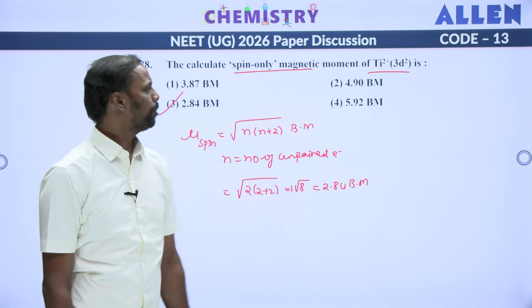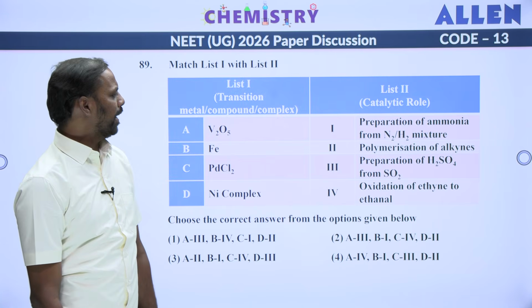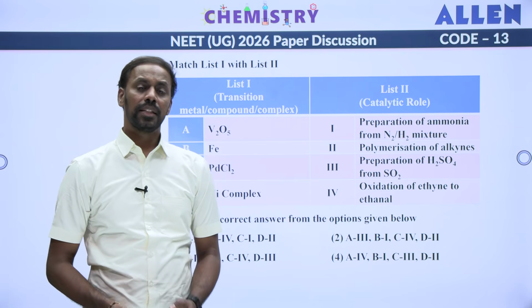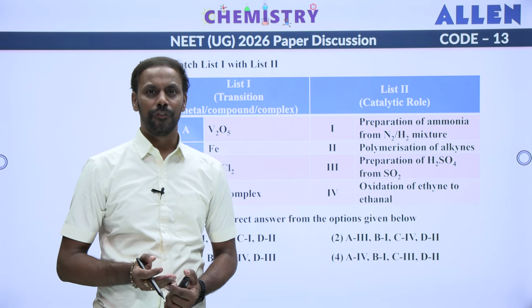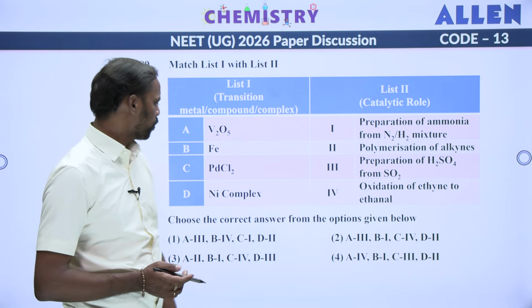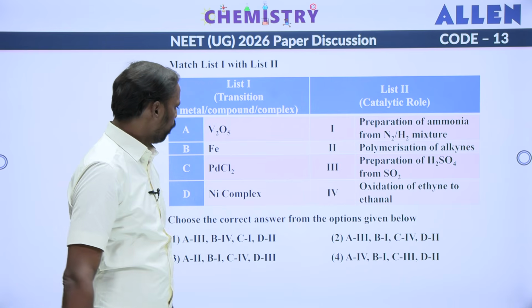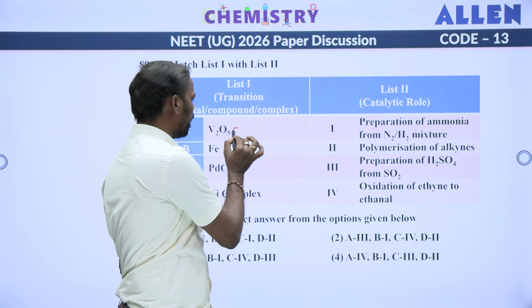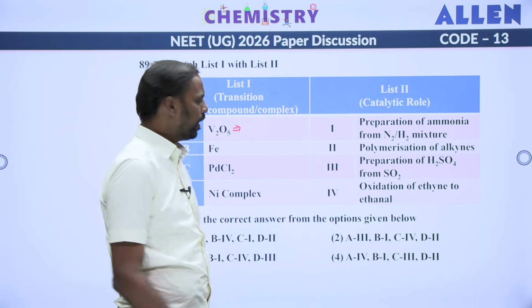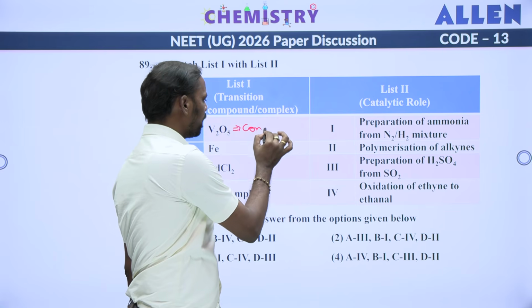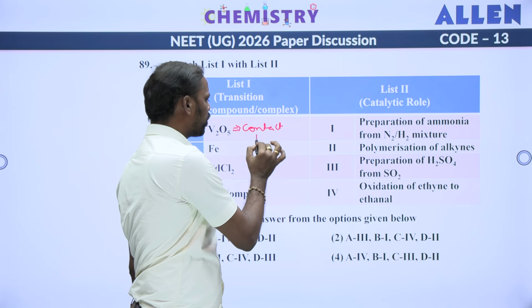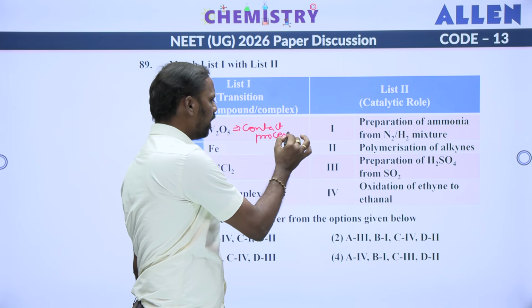Clear? Right. Next, student, again match the following. This is also catalyst information, so a very important question. See, V2O5, vanadium pentoxide, this is a catalyst generally used in which process? Contact process, that is the preparation method of which one?